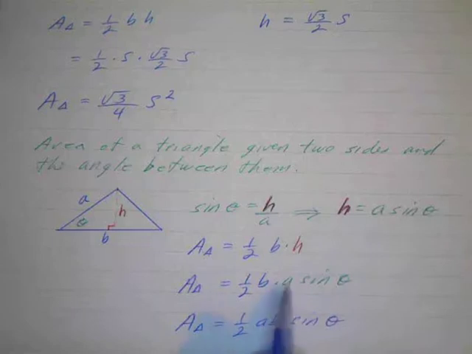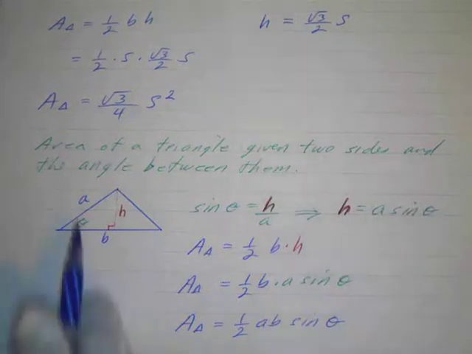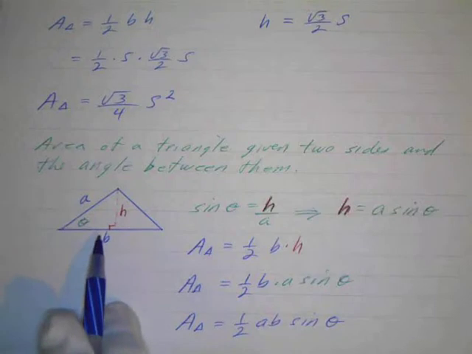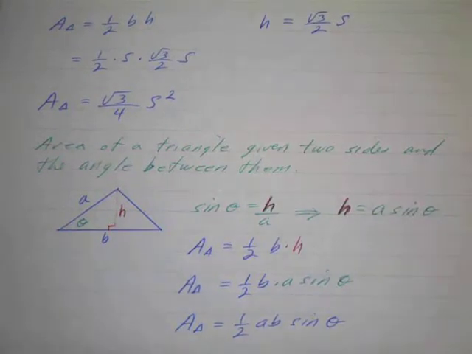And then we could just put the a in front using the commutative property of multiplication. And area equals 1/2 ab times sine of theta. So area of a triangle is 1/2 the product of the two sides times the sine of the angle that's between them. So that's another handy formula. And we'll do some more in just a moment.